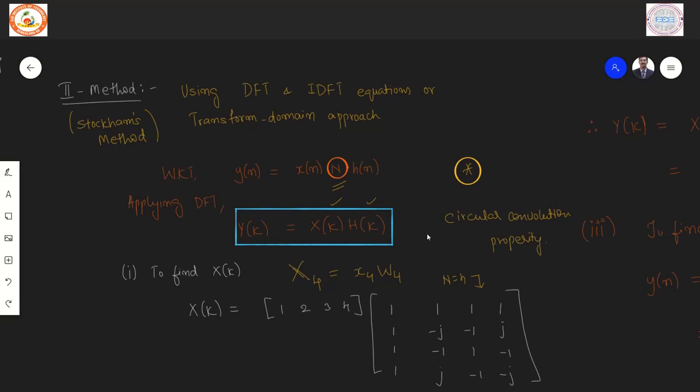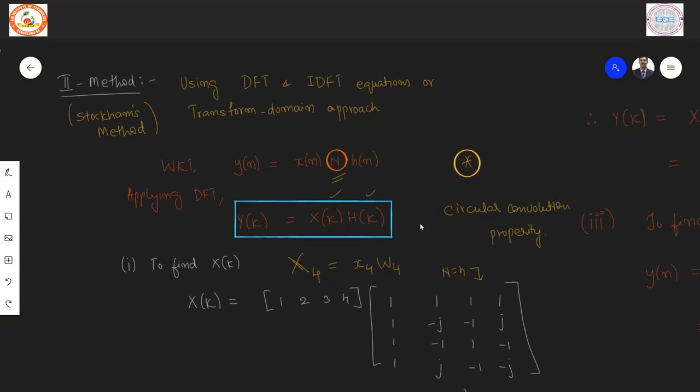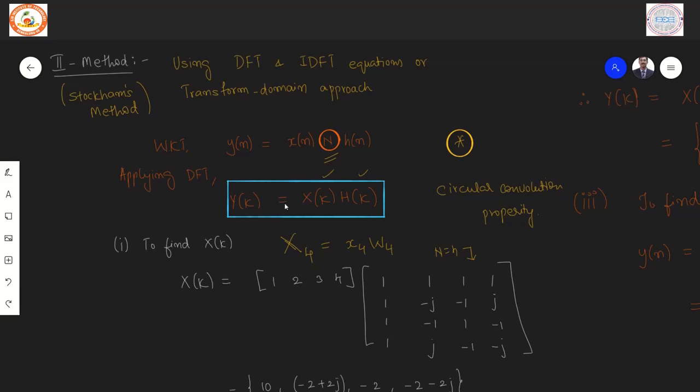This comes from the circular convolution property. Therefore, to get the answer for y of n, first we have to compute the DFT of the input x of n, then calculate the DFT of h of n, and multiply the two respective DFTs. The result will be y of k. Then taking its IDFT, we get the answer y of n.